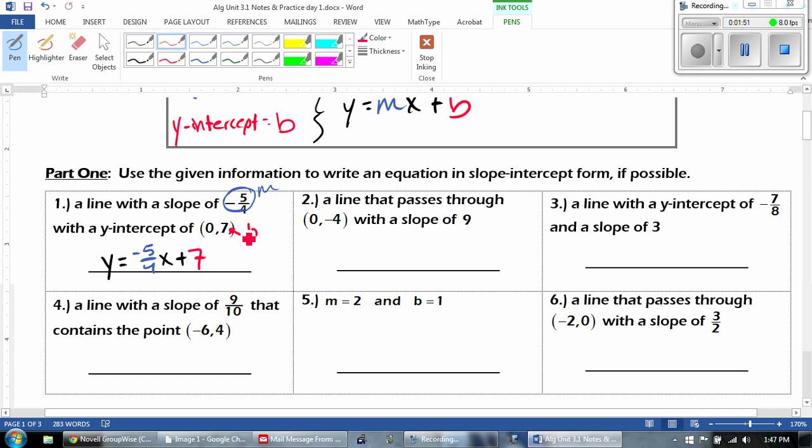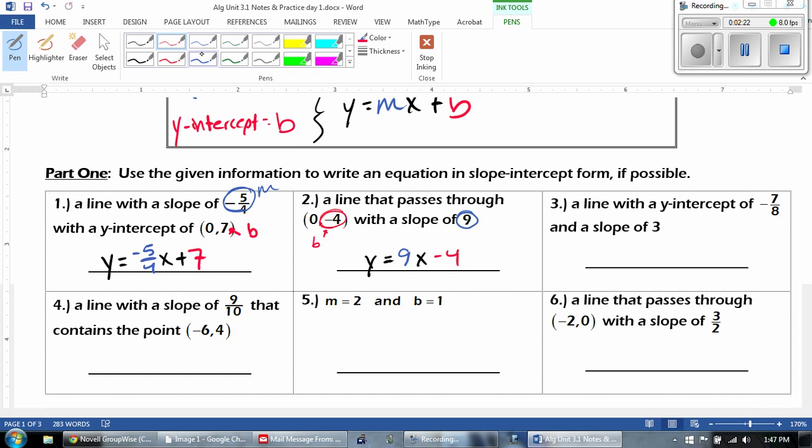So y equals -5/4 x plus 7. Right, number 2. A line that passes through (0, -4), that's our y-intercept, and a slope of 9. So y equals 9x, and then our y-intercept is -4.